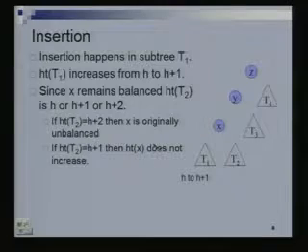Can it be h plus 1? If it is h plus 1, then the height of x will not be increasing. Because if this is h plus 1, then what was the height of x to begin with? h plus 2. And if the height of this increased from h to h plus 1, even then its height remains at h plus 2.